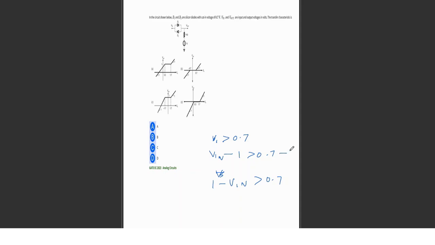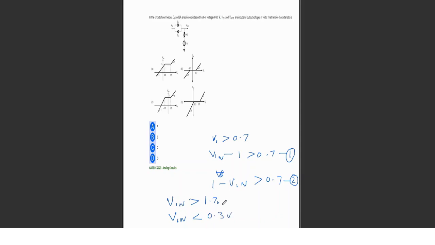So we have equation 1 here, equation 2 here. These two equations determine the output. Now equation 1 means V in should be greater than 1.7 volt, and equation 2 means V in should be less than 1 minus 0.7, that is 0.3.